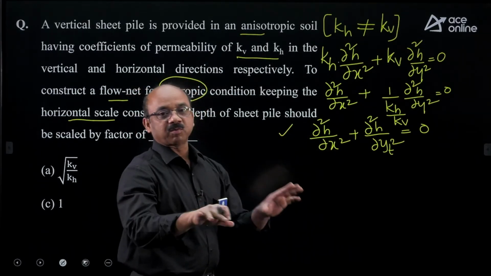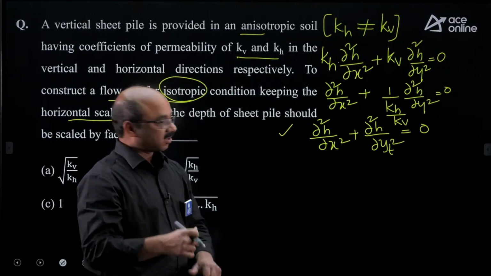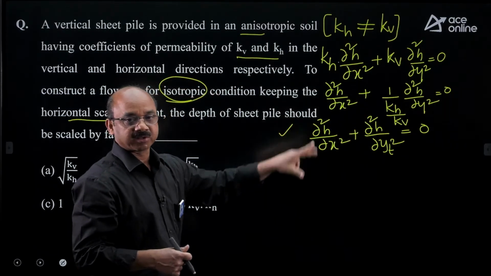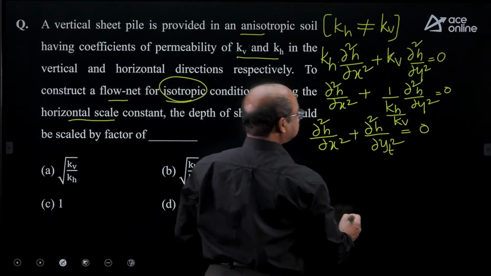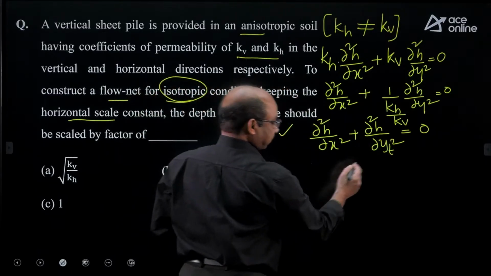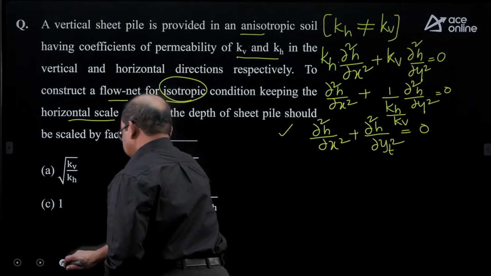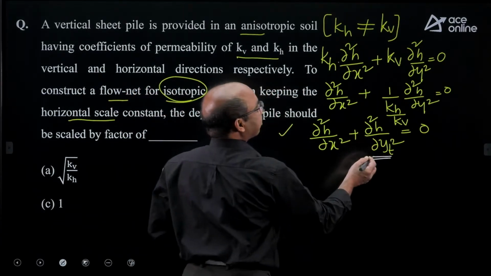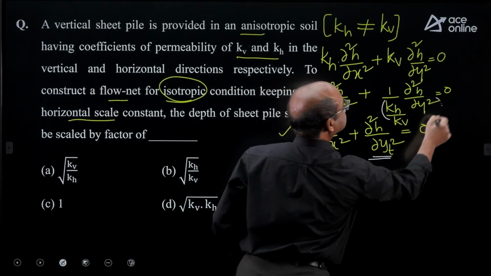So for this you can consider the flow net here. The question is how much you have to transform the y direction dimension. You can see here, this value I have written must be equal to this dimension.